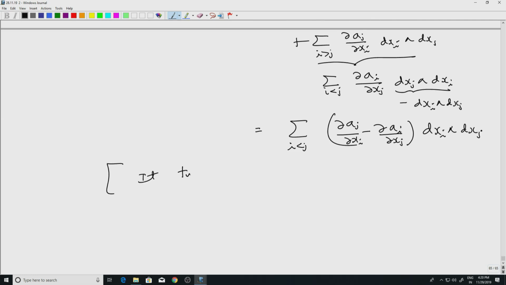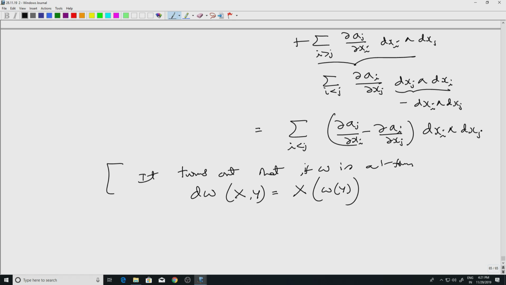It turns out that this is true on a manifold as well. d omega, if omega is a one form, d omega is a two form, and its action on any two vector fields is given by X as a derivation acting on omega of Y, which is a function.